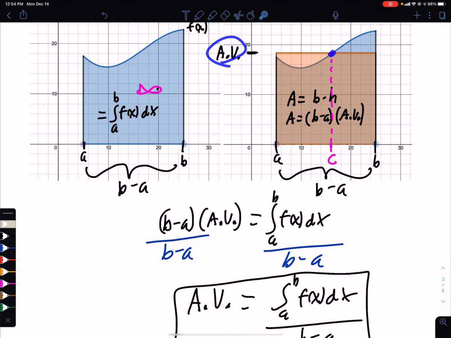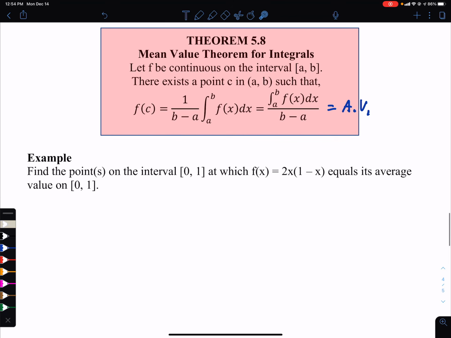But what point is that? That's f of C. f of C equals the average value. So this theorem says if you have a continuous function, then there's going to be a point x value between A and B where your function will equal the average value.